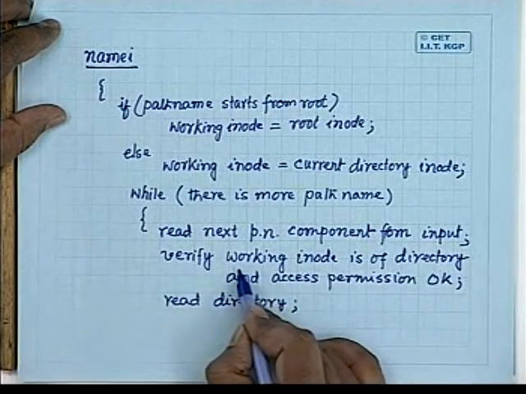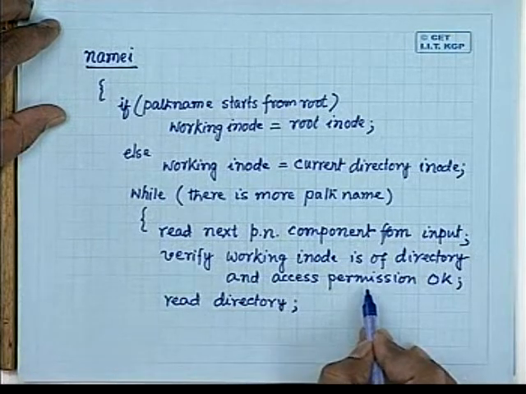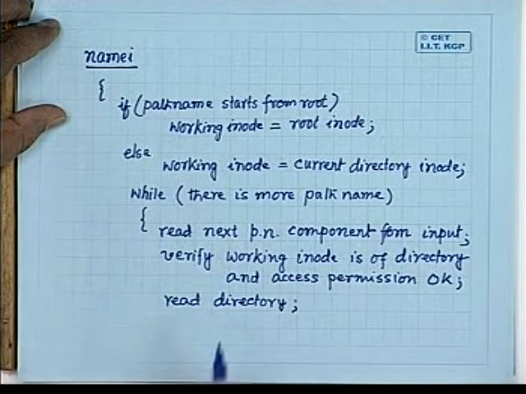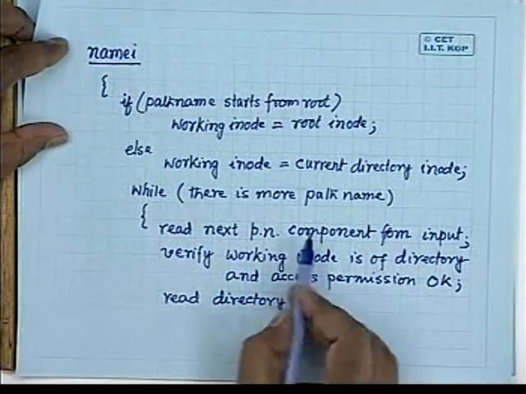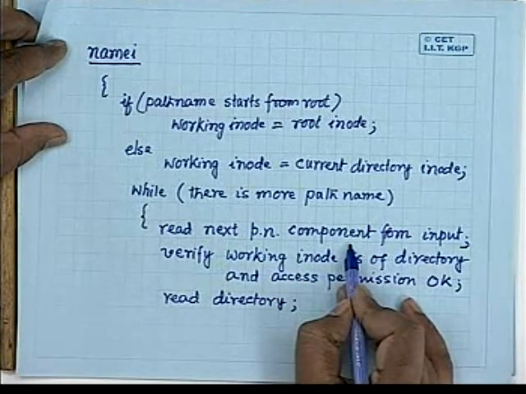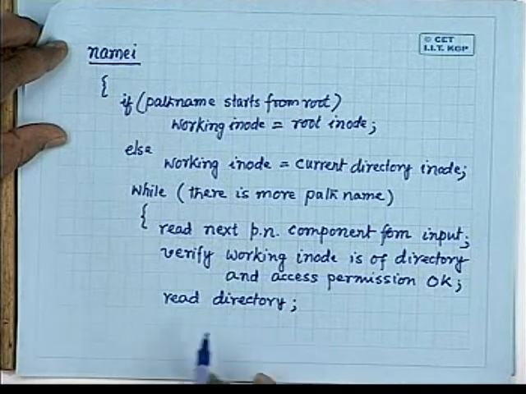So if this is a working directory and if you have the required access permission on the directory, then only I can read the directory. Once I read the directory, I have to search for this pathname component, which has been read from the input stream, within this working directory.